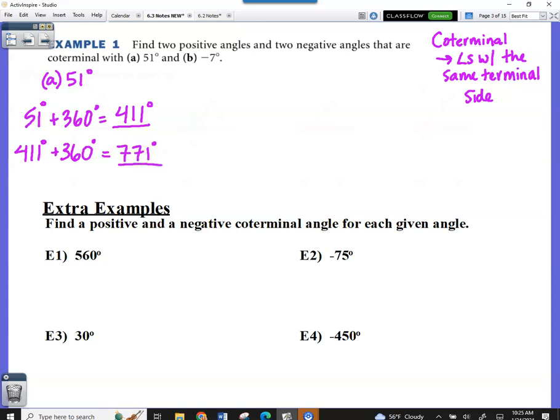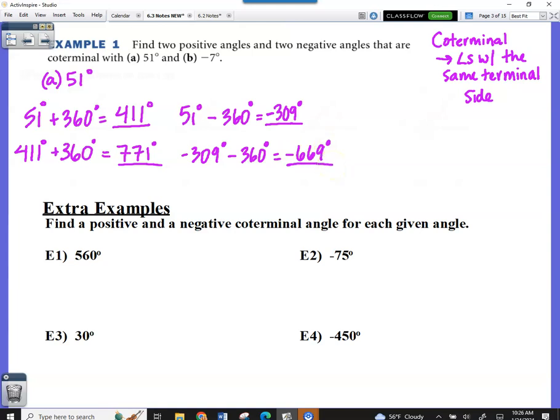Now they also want 2 negatives, so what do I do to get a negative? Take off the full rotation. What do you get? Negative 309, and then take negative 309 and do another rotation off. What do you get? Negative 669.